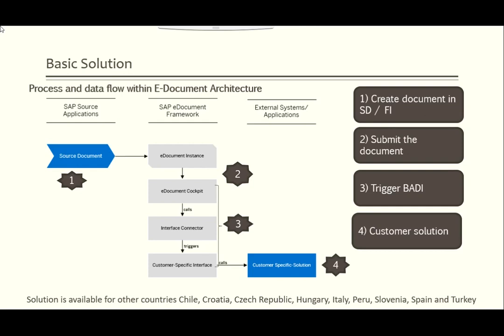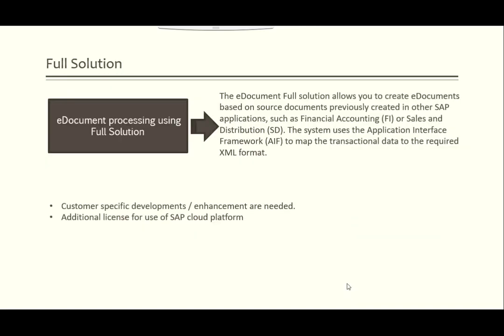The e-document basic solution is available for a few countries as well, but the primary focus of this presentation is Mexico. As I mentioned earlier, the SAP eDocument full solution provides a complete solution for the eDocument requirement.